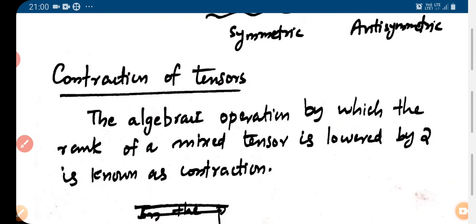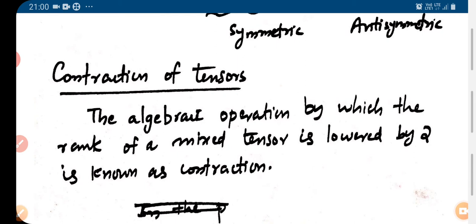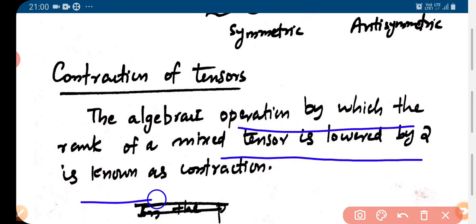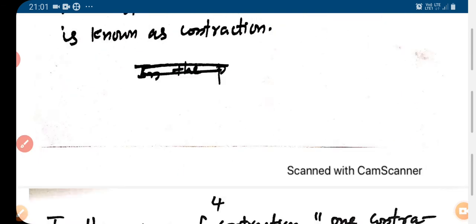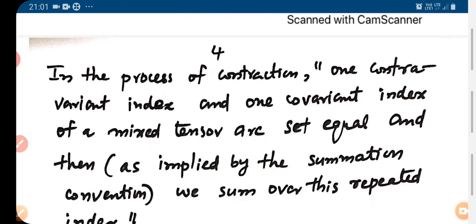Contraction of tensors. Now let's see what is meant by the contraction of tensors. The algebraic operation by which the rank of a mixed tensor is lowered by 2 is known as contraction. So you take a mixed tensor and you get another tensor through contraction.